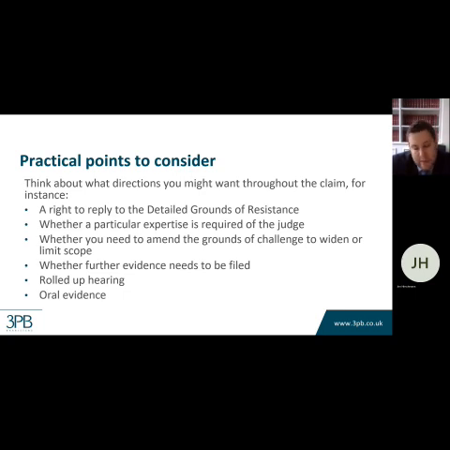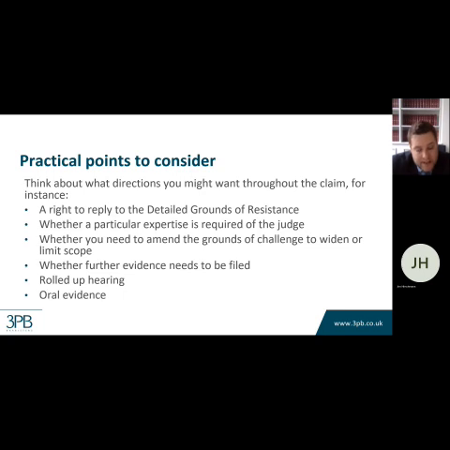Thirdly, and this perhaps reflects another point that's not on the slide, you need to constantly be thinking, when you receive detailed grounds of resistance, replies, responses, more evidence, about the merits of your claim. You need to consider whether what you've pleaded remains relevant, or if certain facts have overtaken the claim and it needs to be repleaded.